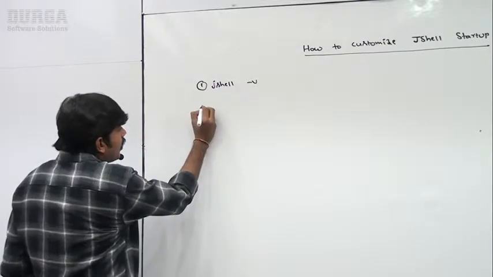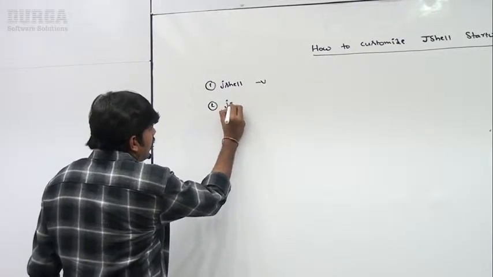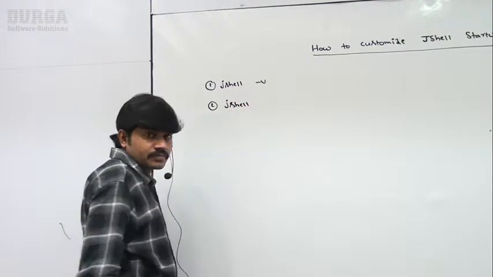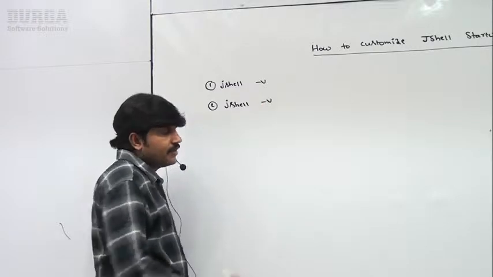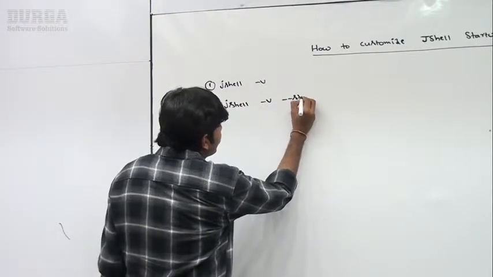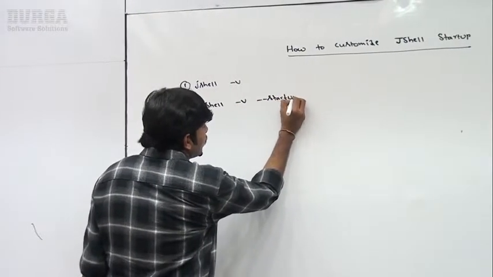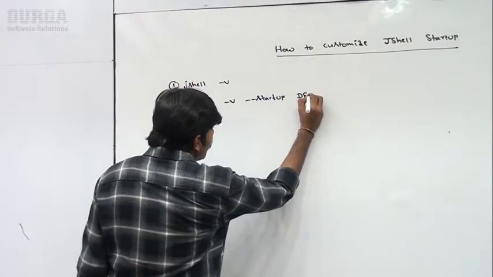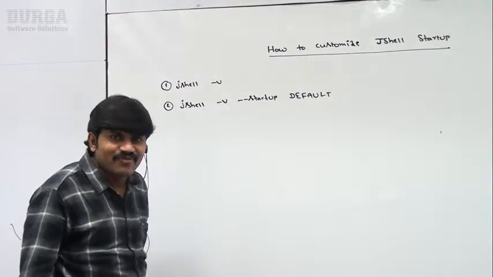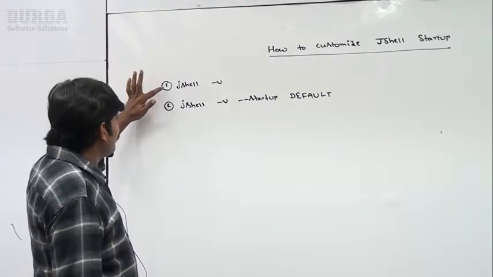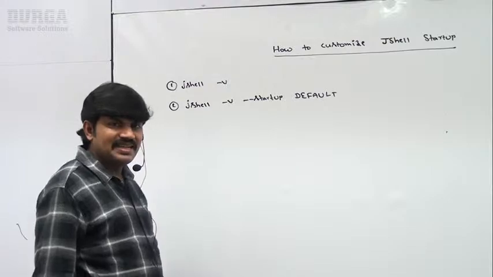Okay. Now instead of this one, I'm taking JShell -v -startup, now I'm taking default. Can you please tell, first one, second one, any difference?